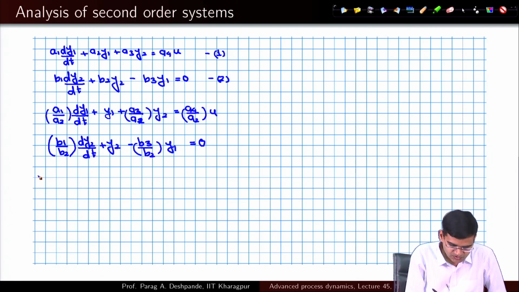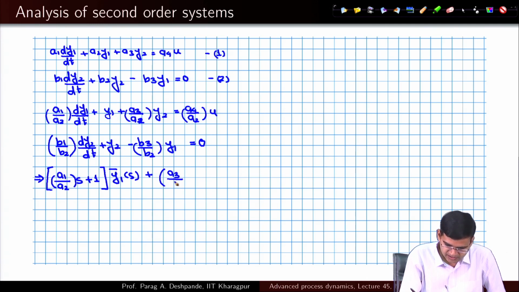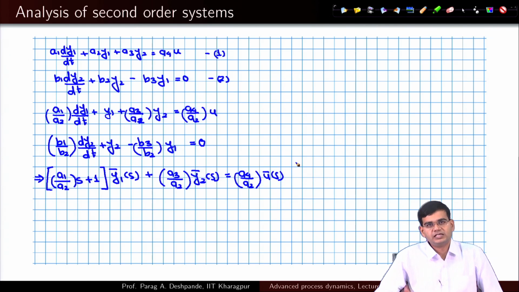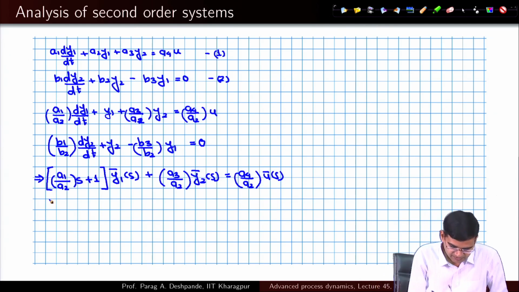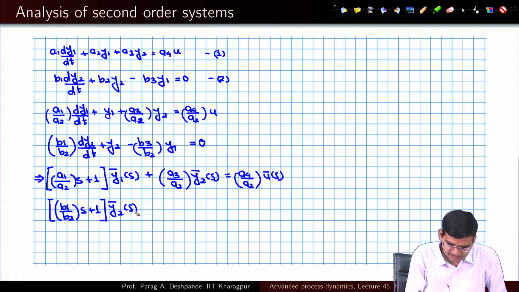Now, time to take the Laplace transform. So, I can write A1 by A2 S plus 1 y1 bar of S plus A3 by A2 y2 bar of S is equal to A4 by A2 u bar of S. The Laplace transform of the second equation will become B1 by B2 S plus 1 y2 bar of S minus B3 by B2 y1 bar of S is equal to 0.